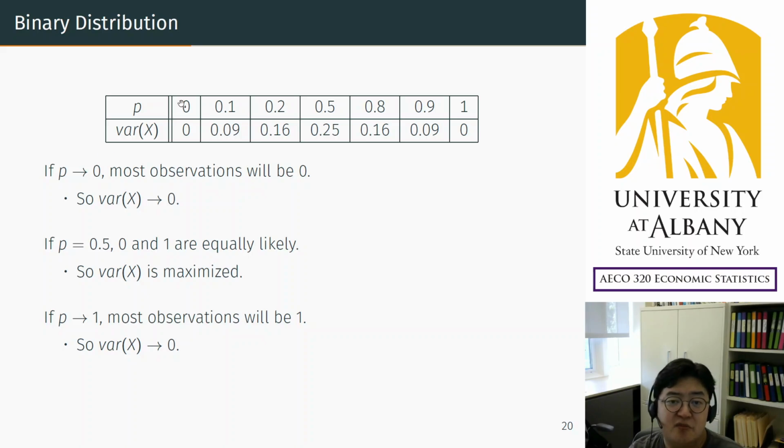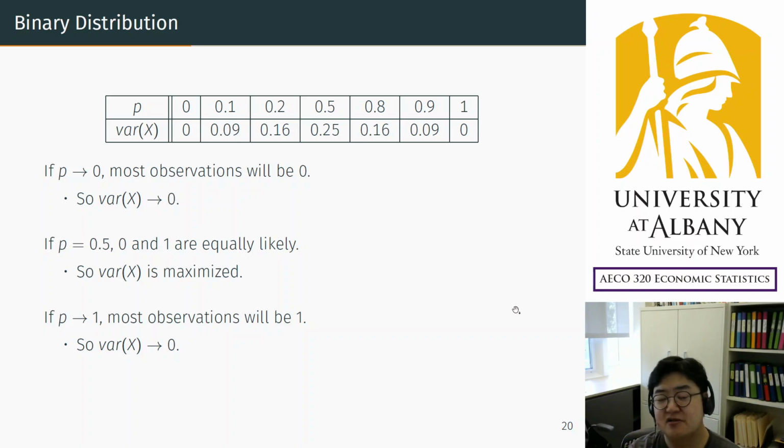So when the probability of success is either 0 or 1, there is no uncertainty. It is always failure or always success. And as the probability increases, like moves away from 0 and 1, then the uncertainty increases. The maximum uncertainty is achieved when the probability is exactly half.